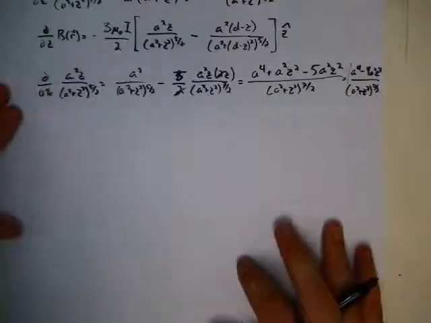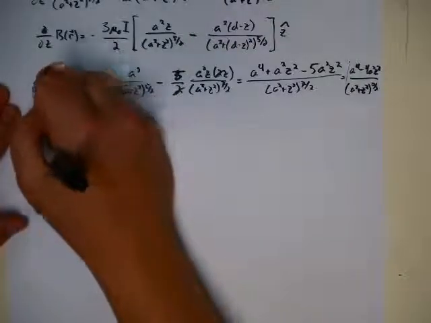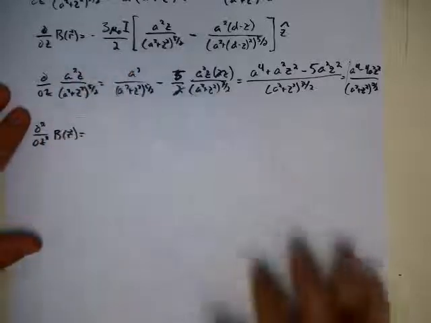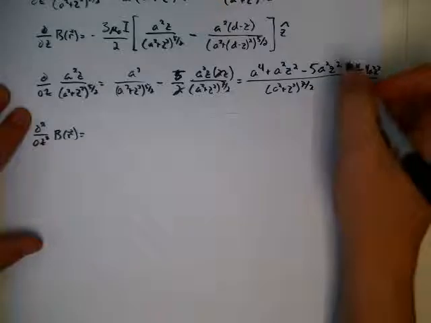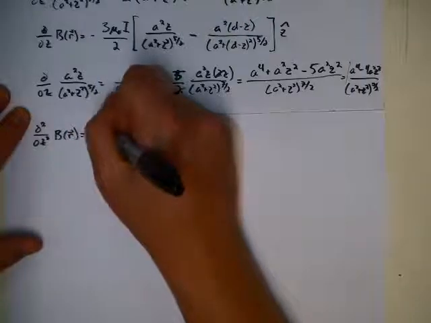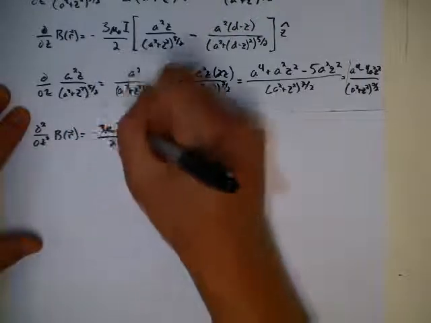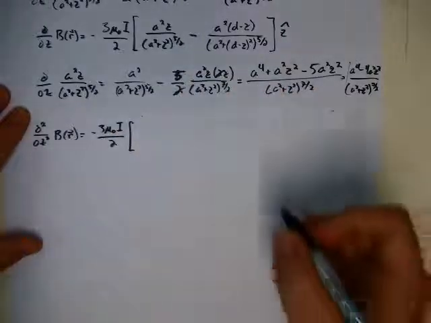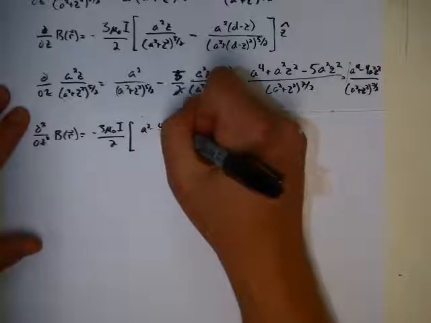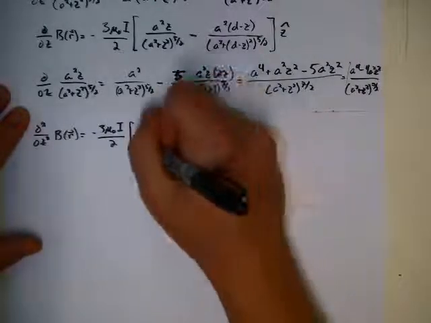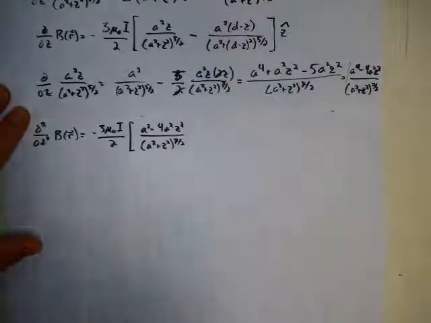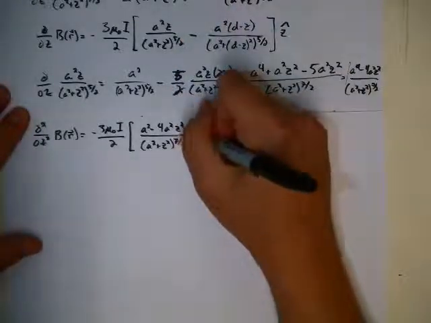Just continuing on, we can now write that the second derivative with respect to z of B of r is going to be, I still have the minus 3, so this is minus 3 mu naught I over 2, and now I'm going to get a to the 4th minus 4a squared z squared divided by a squared plus z squared to the 7 halves, and then I'm going to get a plus here, right?